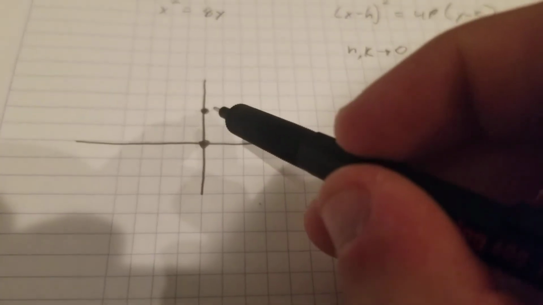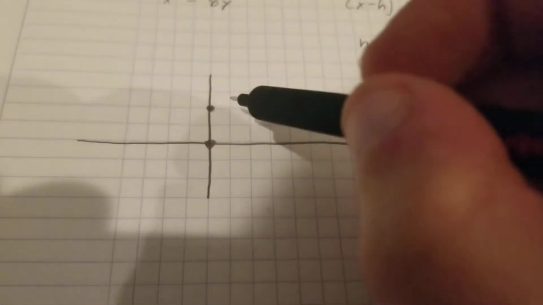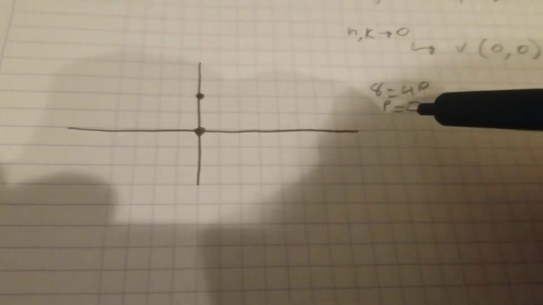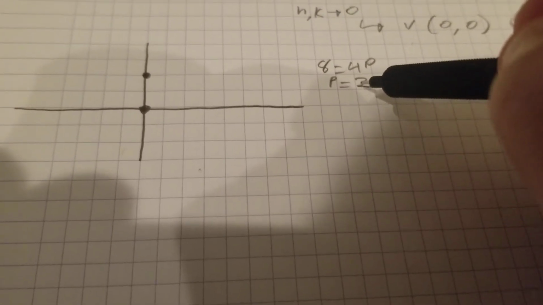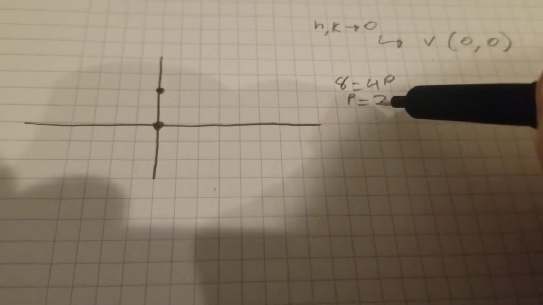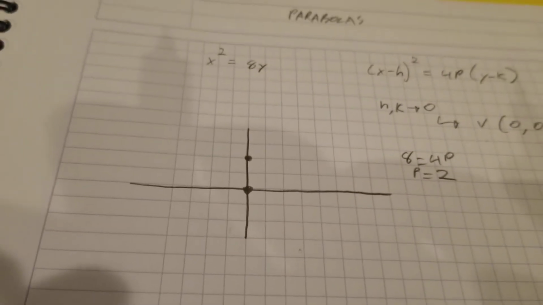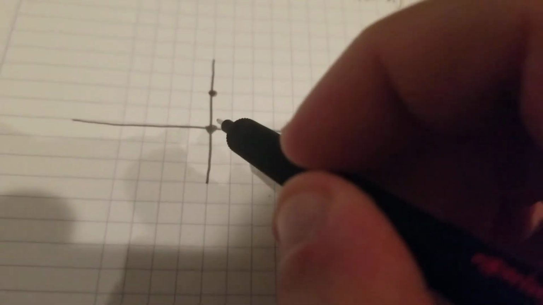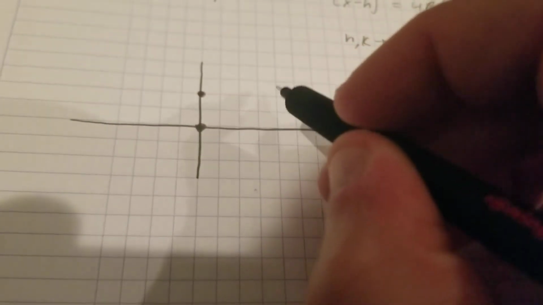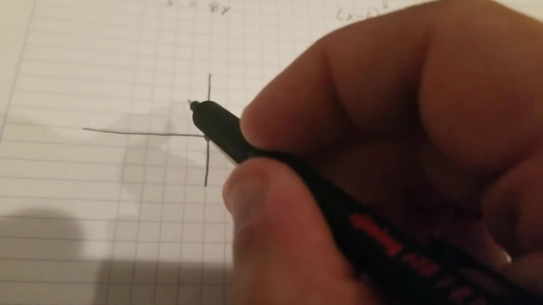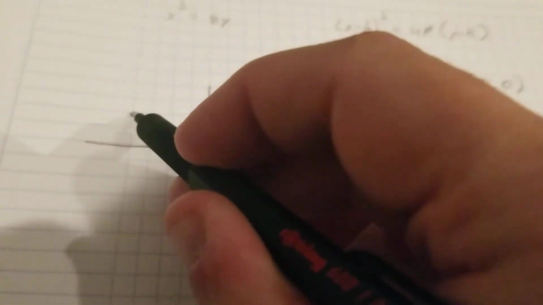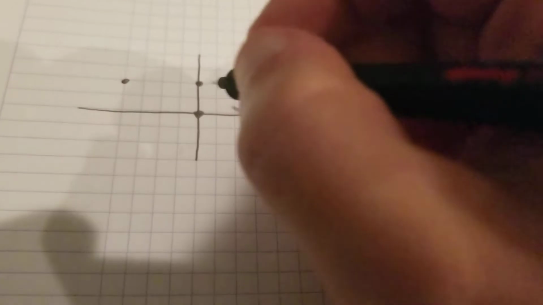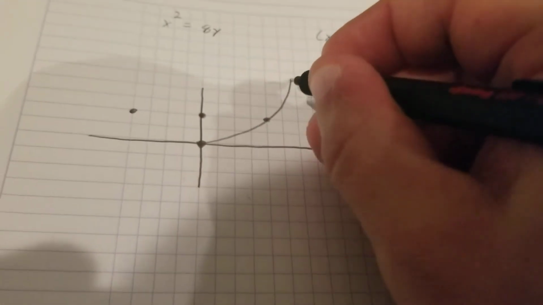And then the curve is 2p to the left or to the right. So we go 1, 2, 3, 4, and 1, 2, 3, 4. And then our graph is going to look like this, roughly.